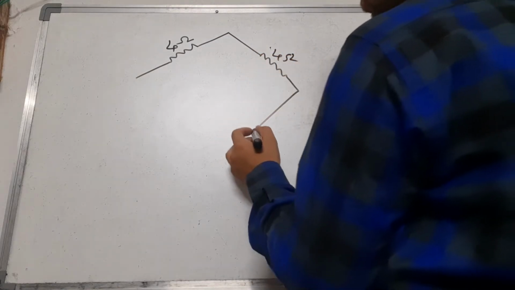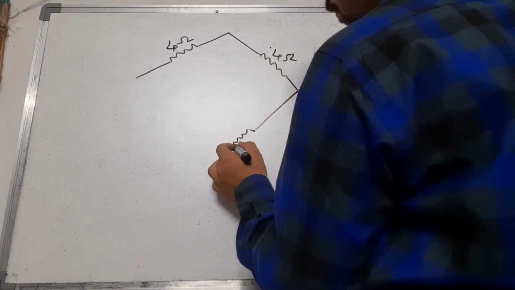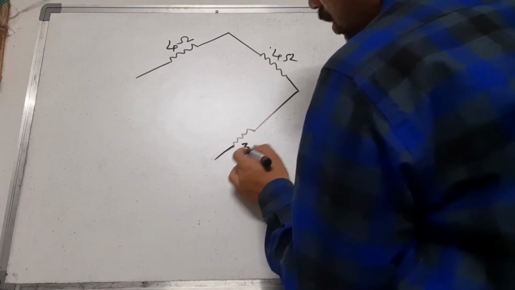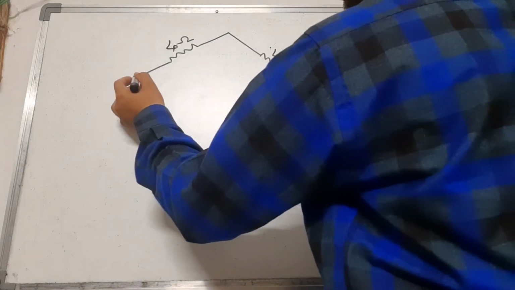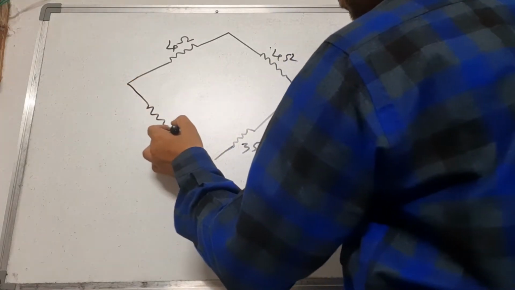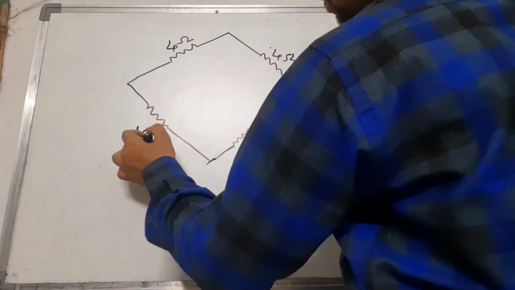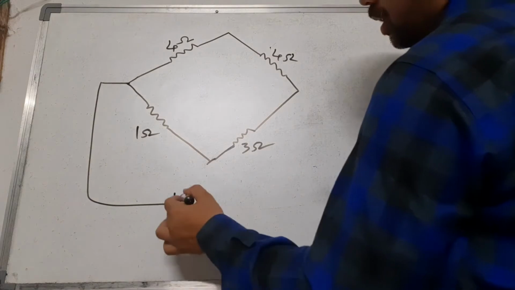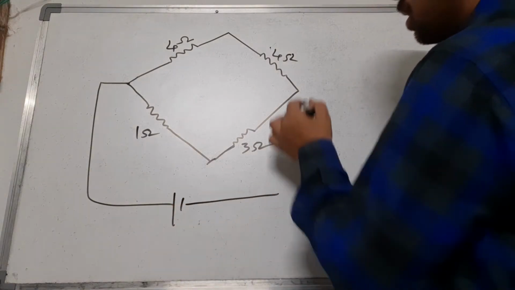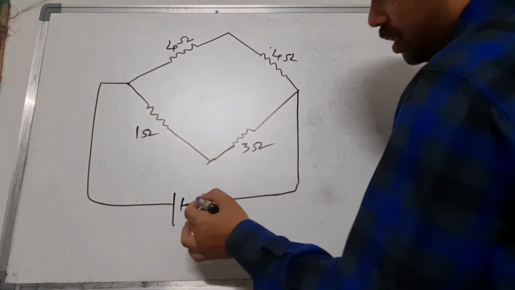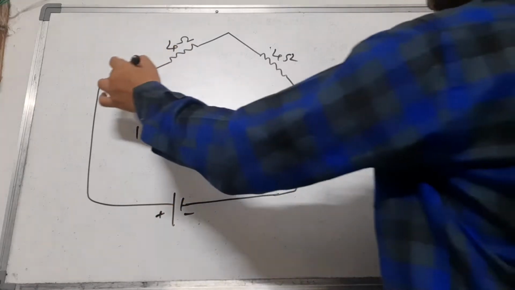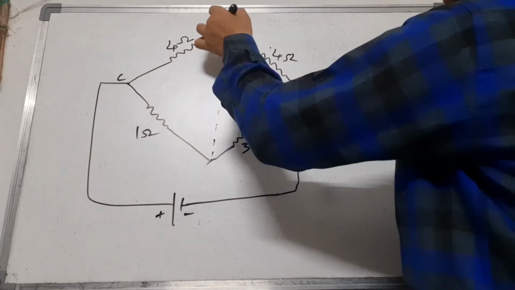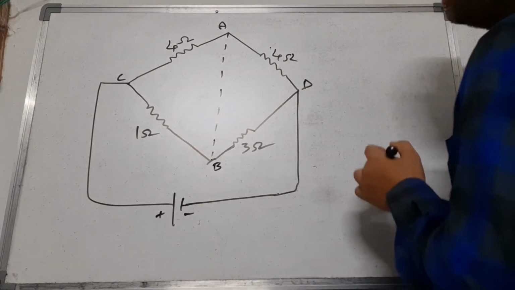This is 4 ohms, and this is 3 ohms, and this is 1 ohm, and the voltage is supplied across these two ends, positive, negative. This is a C point, this is a D point, and A to B is shunted, right?